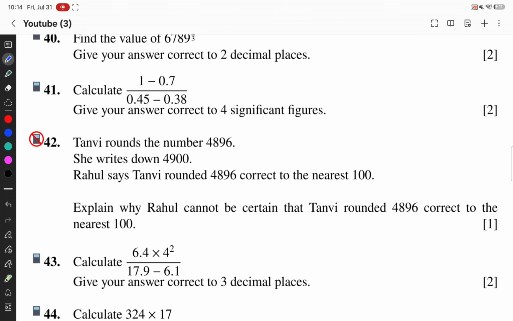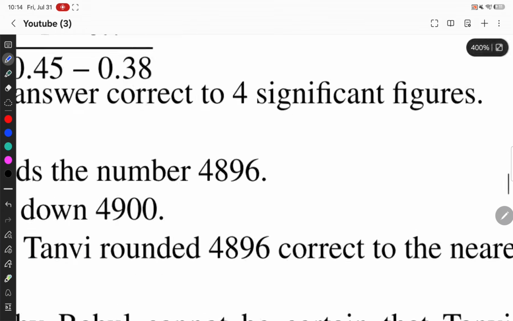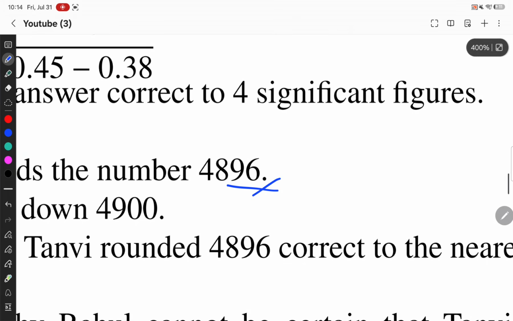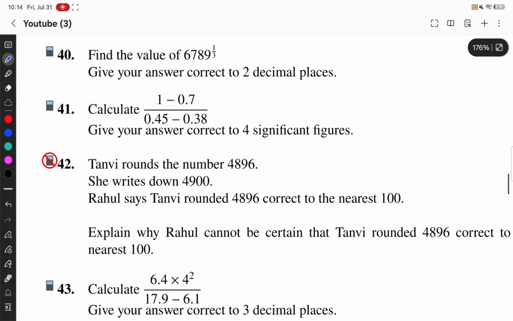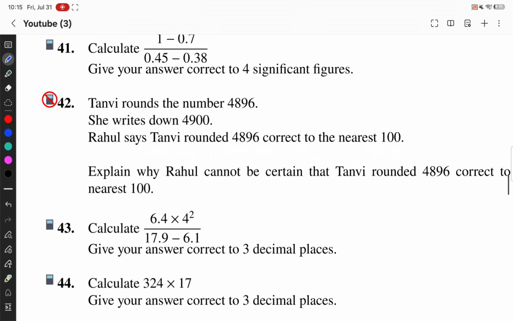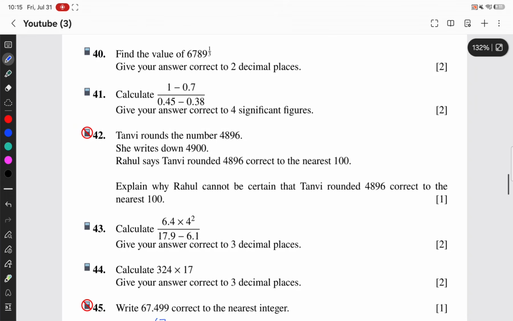Why? Because 10 can give the same answer also. Not the correct answer, the same answer. Rounding to this or this can both give the same answer. That's why Rahul cannot be certain that the number that Tanvi rounded is rounded to the nearest 100.